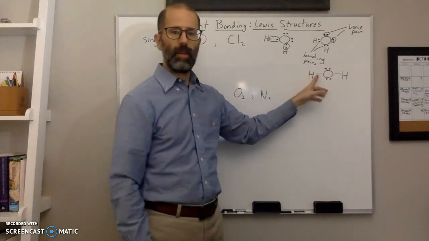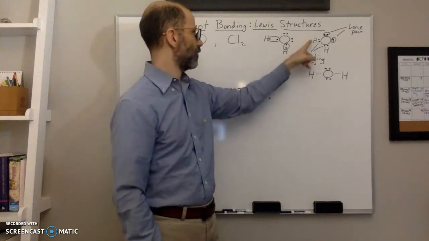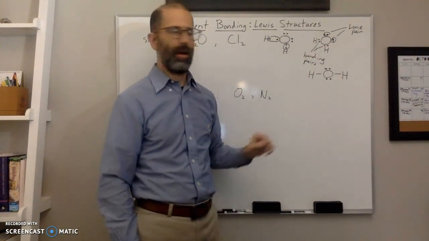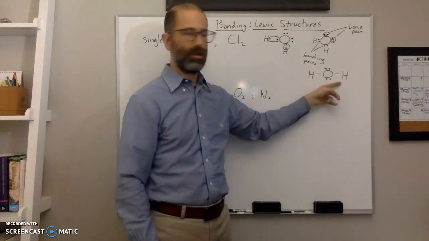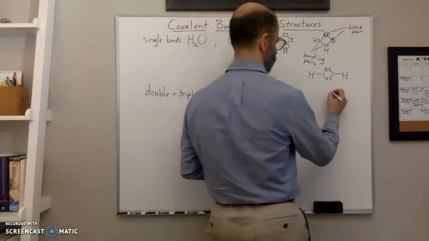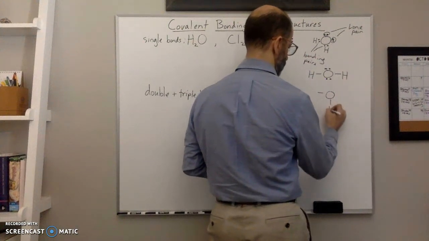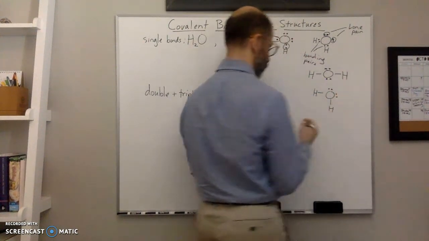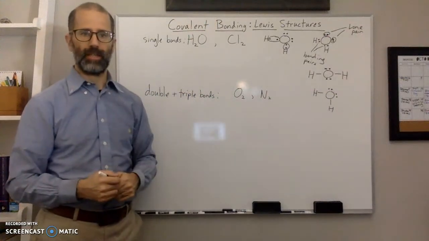The other thing I want to point out is that I moved the hydrogens here and here. It doesn't matter where the hydrogens are. This is the correct Lewis dot structure, and this is the correct Lewis dot structure. I could have written it like this too, or I could have done this. That's perfectly fine too.